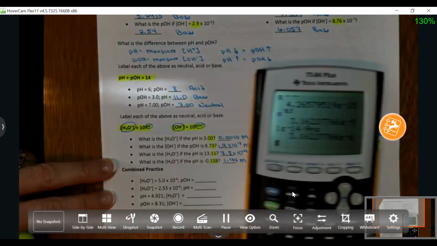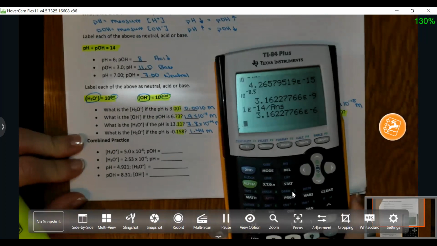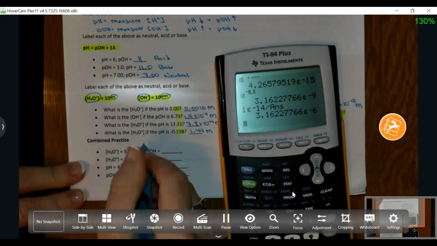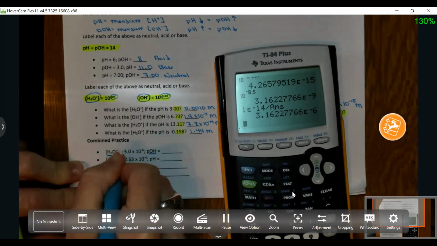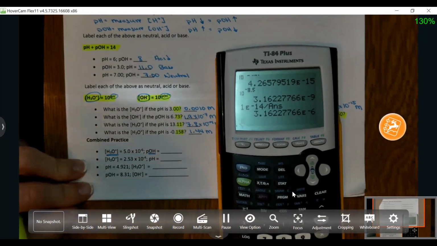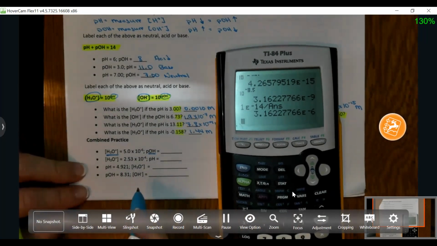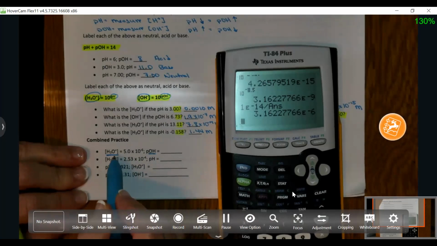All right, so then we're going to do some mixed practice here. So we're trying to find our pOH, but we're given hydronium ion concentrations. There's a couple of different ways that you can solve for this, but I always like to go back and use the pH plus pOH equals 14 because that's the easiest thing to do. I'm going to first take a negative log.